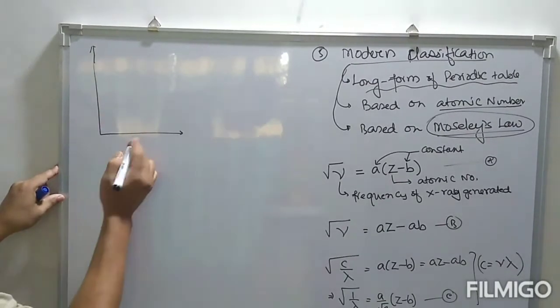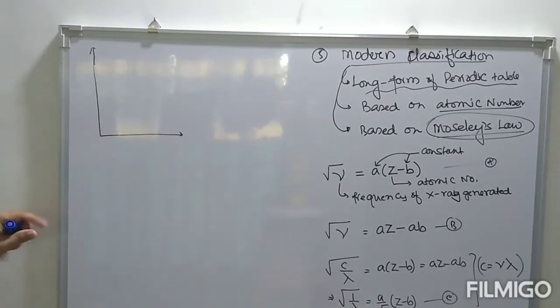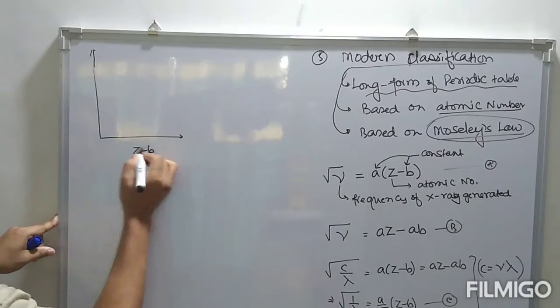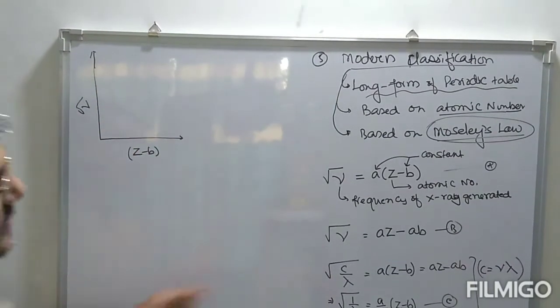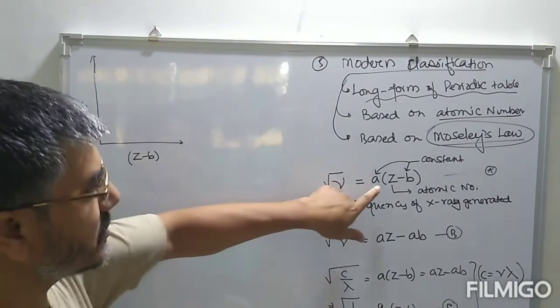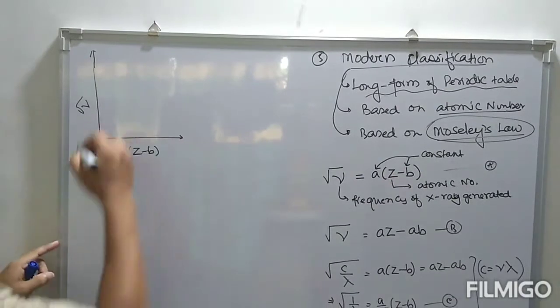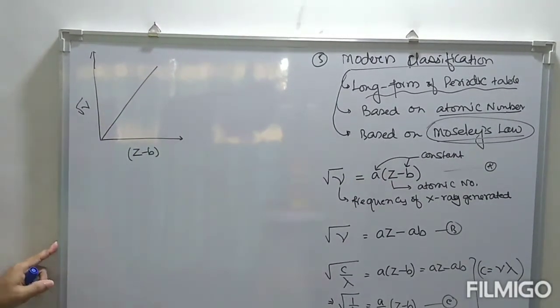So we have this frequency and atomic number. Look at this graph of the square root of frequency versus Z minus B. This is the equation of a straight line passing through the origin.